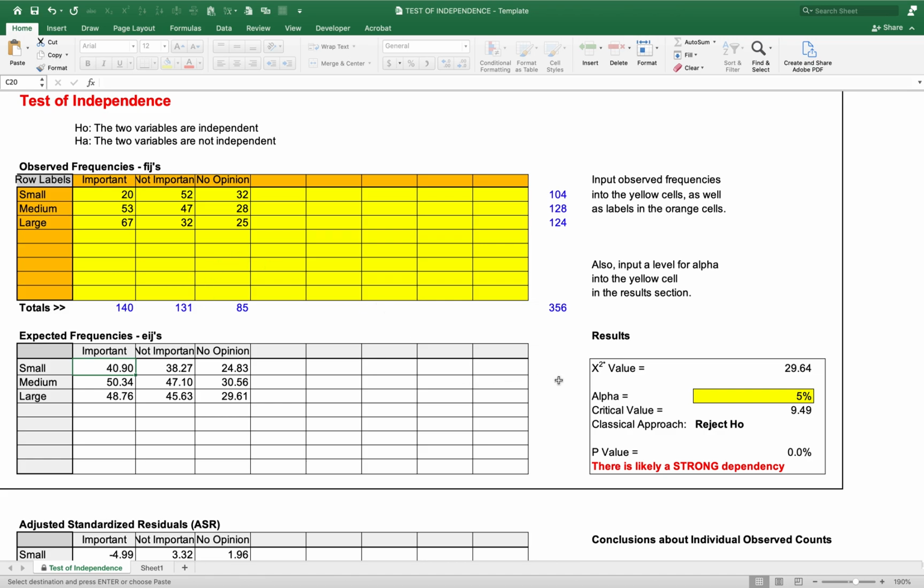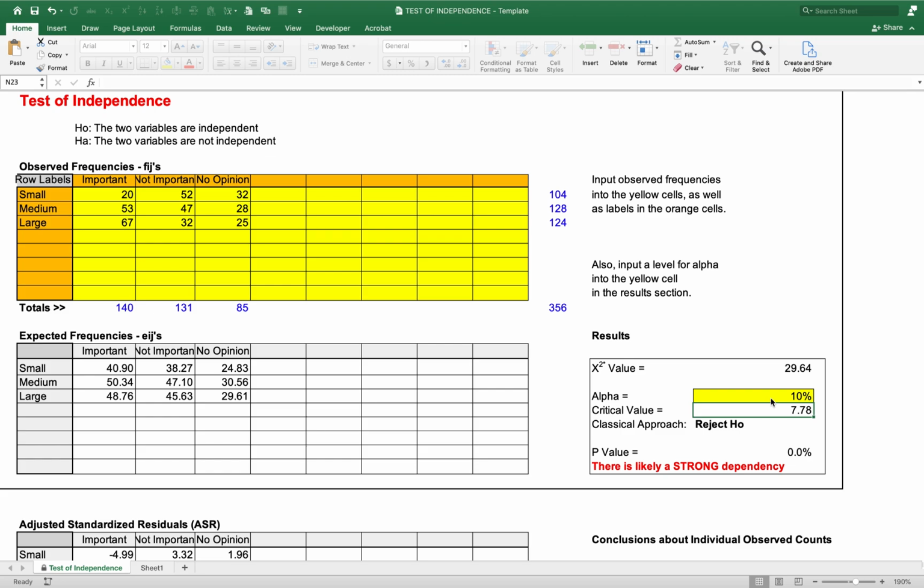But I go over here to the results here, and what it shows me then is my chi-square star value of 29.64, my alpha here, and by the way, that alpha you can change. I mean, I could change that to a 10% like that, and I think in fact that is what we have in that particular example. I'm just going to go here and do a real quick check here.